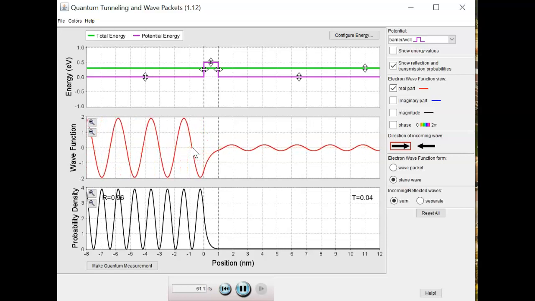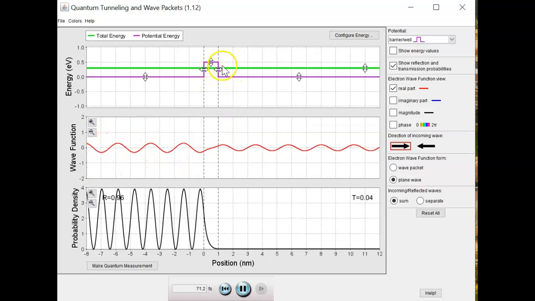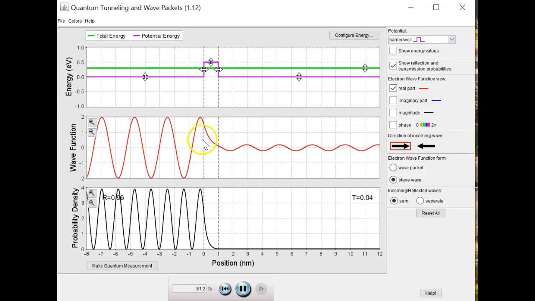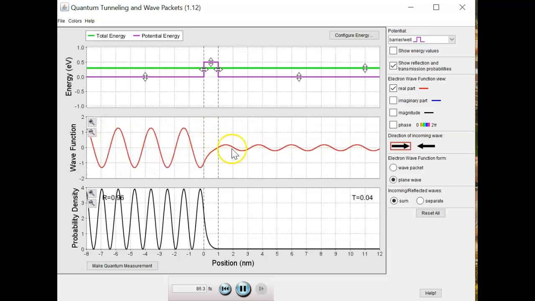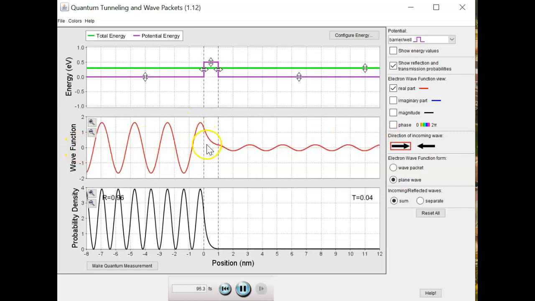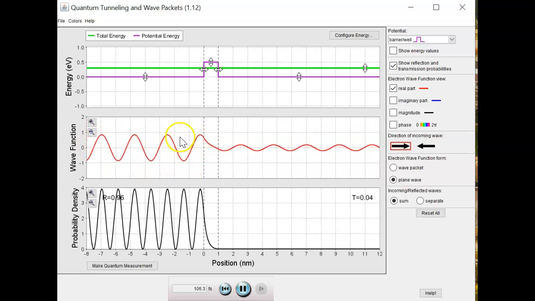So it's something similar to a standing wave on the left, and that's due to the fact that it's being reflected in this way with kind of a fixed point. But we clearly see here that there's a traveling wave. So we're still talking about a traveling wave, but where almost all of it is reflected. And we know that if you reflect a traveling wave back, then you do get a standing wave.